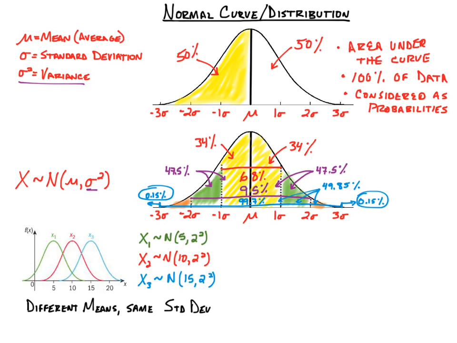So if I had heights of girls and heights of boys at a given age, we know that just through genetics boys tend to grow faster than girls in height, and they tend to be taller than girls in height, but we could still say, well, girl X is within 1 standard deviation of the mean, and boy Y is within 1 standard deviation of the mean.